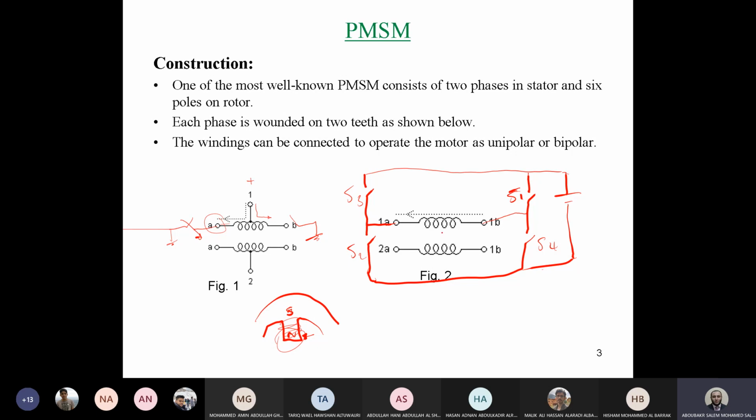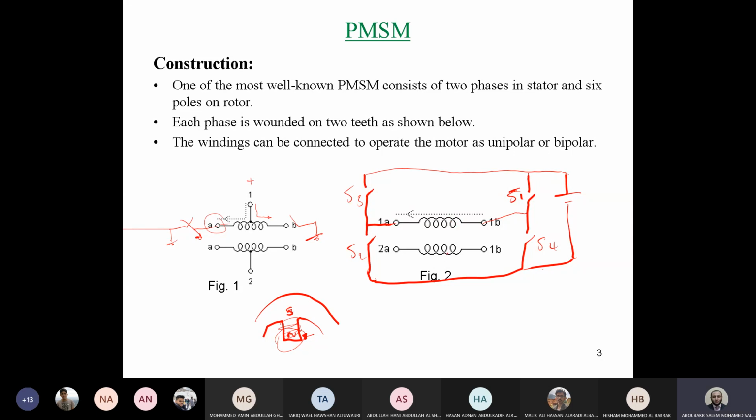So as you can see, one coil will need 4 switches. However, in unipolar, one coil needs only 2 switches. So the power electronic circuit or drive circuit used for unipolar is simpler or cheaper than the one used for bipolar.